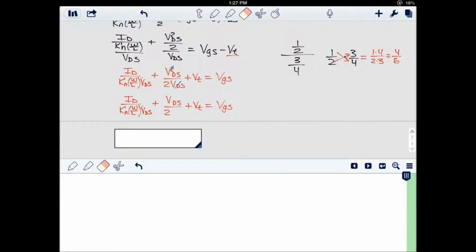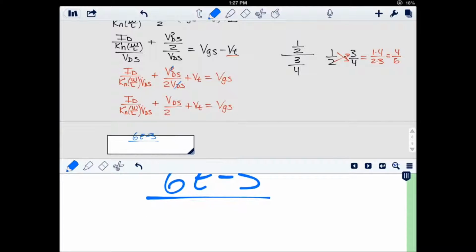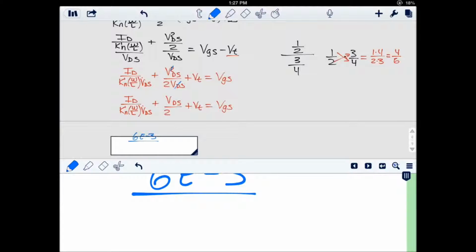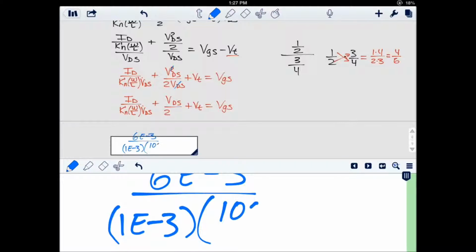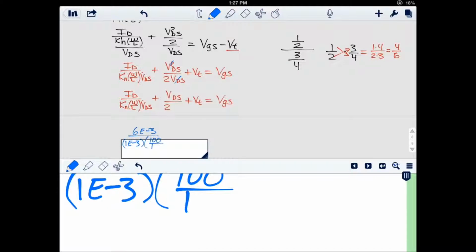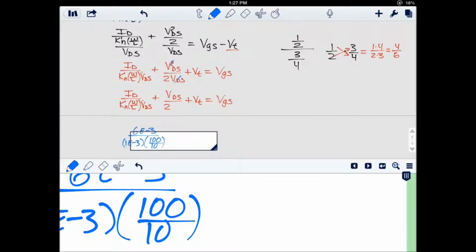And now it's just about substituting. The current was 6 milli. The transconductance parameter was 1 milli. The width was 100 micro over 10 micro.